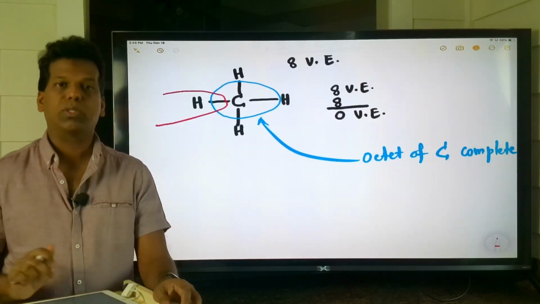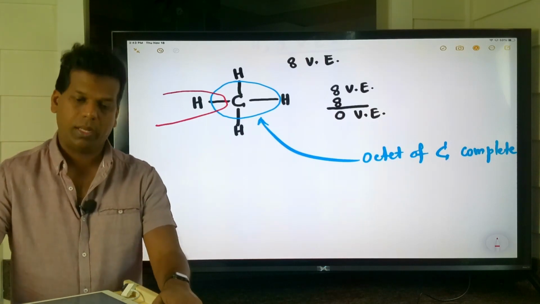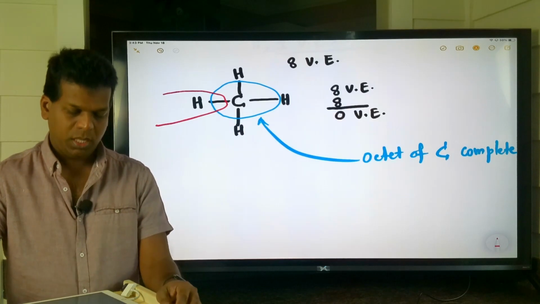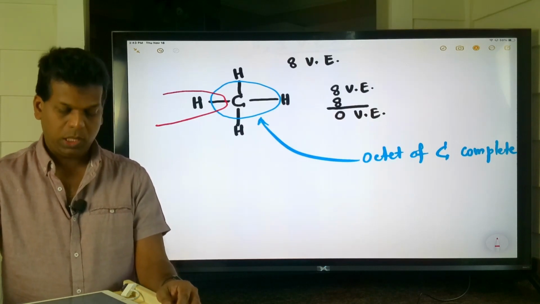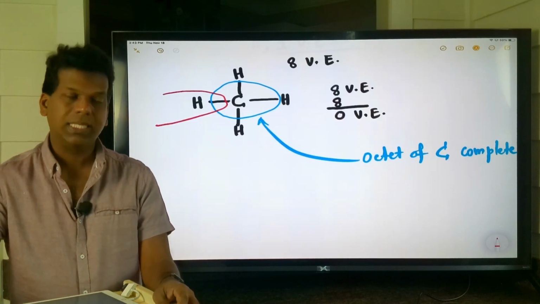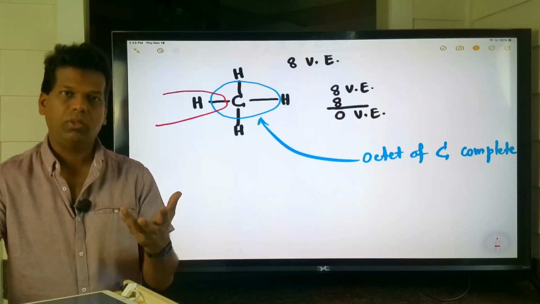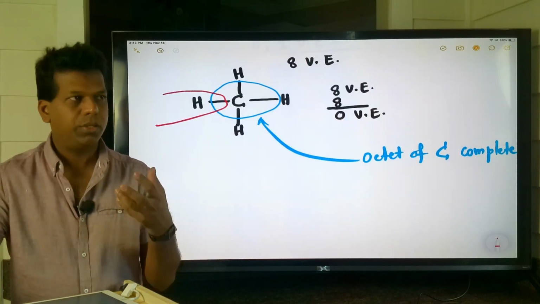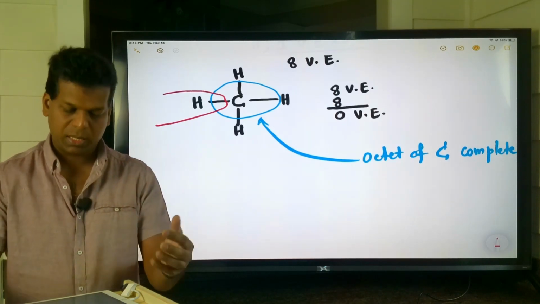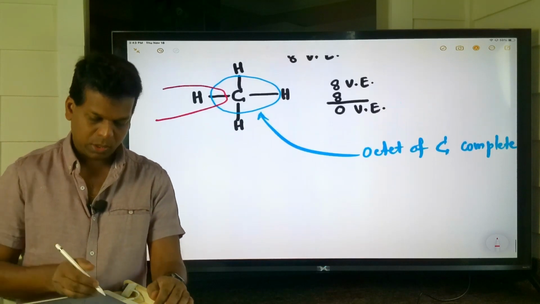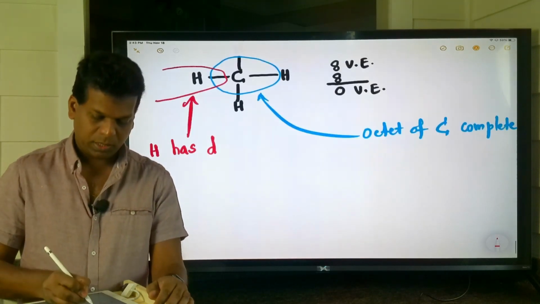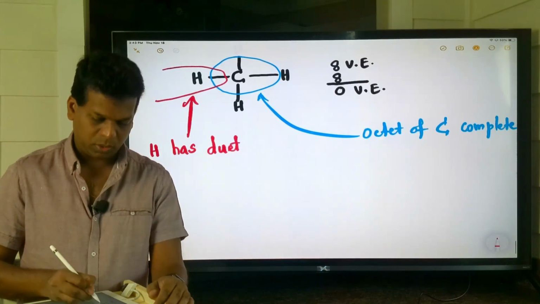Those 2 electrons belong to hydrogen as well because they are being shared between carbon and hydrogen. So hydrogen has 2 electrons, not 8, which is the right number because hydrogen cannot have more than 2. So hydrogen can have a duet, just 2 electrons. That is the maximum hydrogen can have. So in this case, the hydrogen has its duet, 2 electrons.